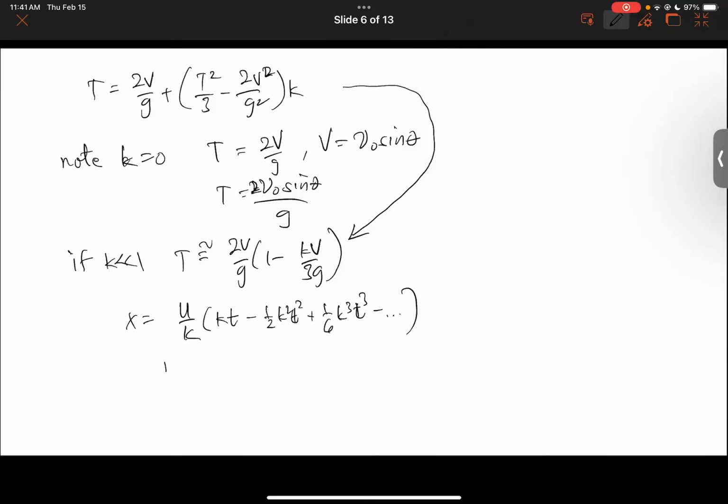What we'll end up with is r prime is equal to u t minus 1/2 k t squared. And remember that u here is equal to v naught cosine theta.